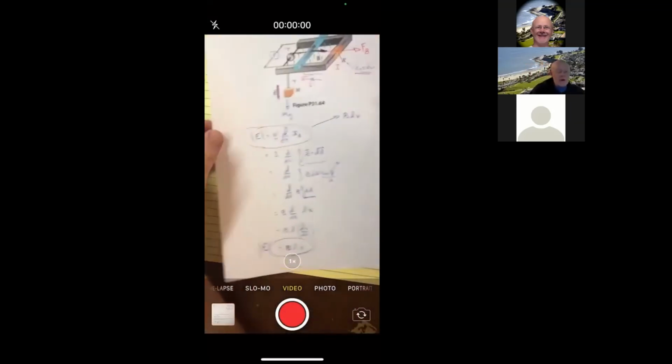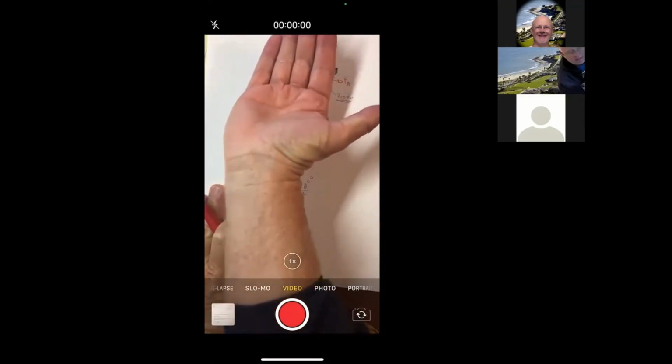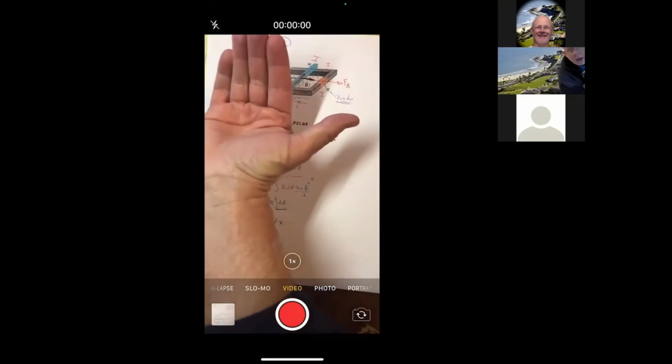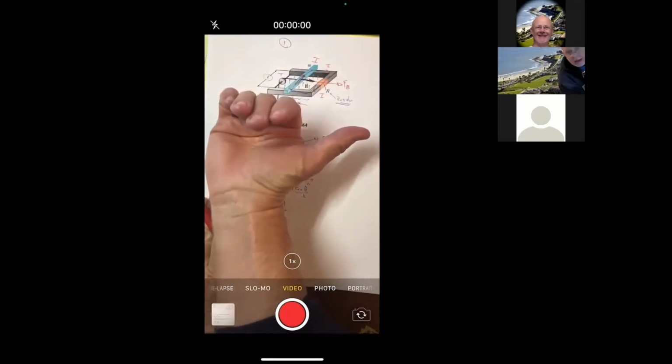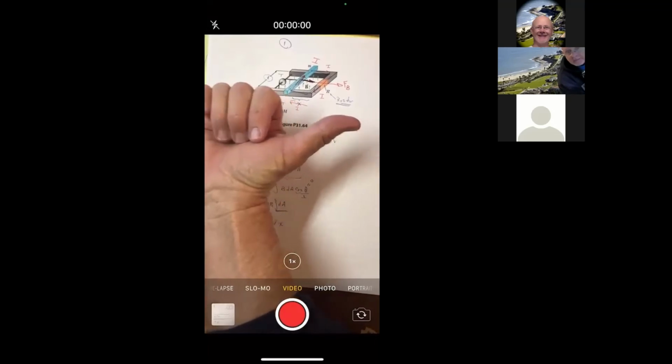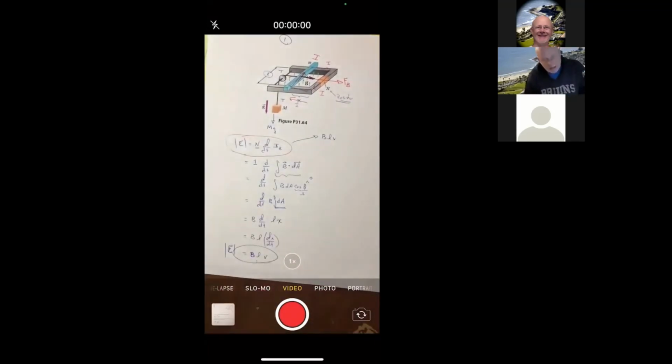And if you do this cross product, you would put your fingers in the direction of the current. I put my fingers in the direction of the current, which is into the paper, and then I close my fingers upward, because that's the direction of the magnetic field. My thumb is pointing to the right.